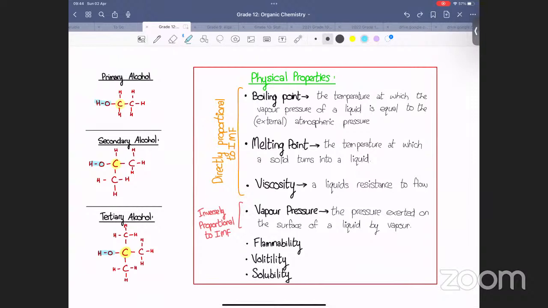And it kind of makes sense, because properties directly proportional to intermolecular forces depend on the bonds that keep these compounds together.